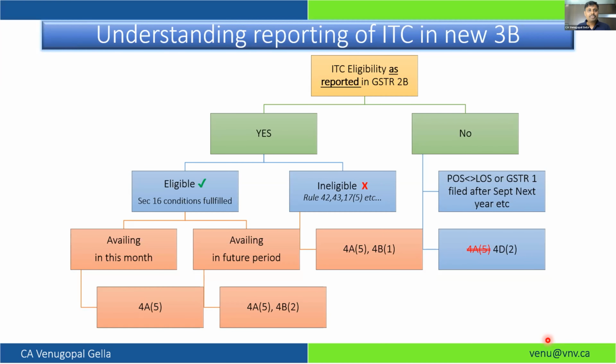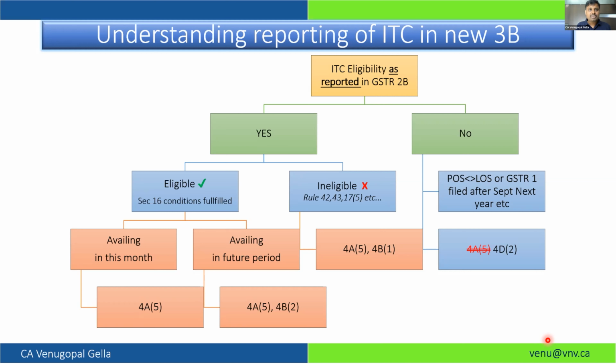And the system has no emotions. It only looks for A plus B is equal to C. If that is the formula, it will only check for that. So when you are reversing a credit between 4B1 and 4B2, you have to choose wisely. If by mistake you report under 4B1 instead of 4B2, and tomorrow you want to reclaim it, and there is no entry you made for a reclaim, you will get a notice saying that you are availing a credit which you have not even reversed to re-avail.